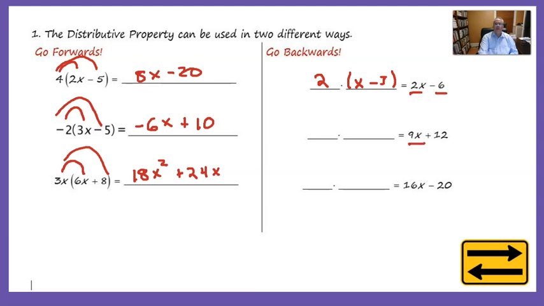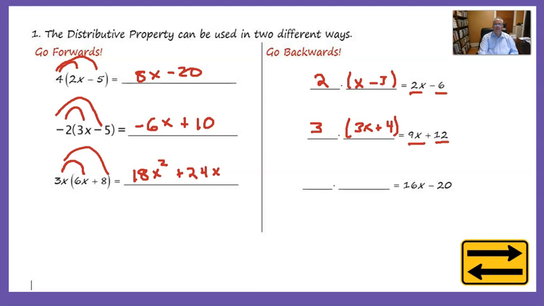All right, 9x and 12, I think both can be divided by 3. So we can kind of factor out the 3, write it as 3 times something. Okay, well, 3 times 3x will give us 9x. And in order to get to 12, we're going to need a plus 4 here, since 3 times 4 is 12.